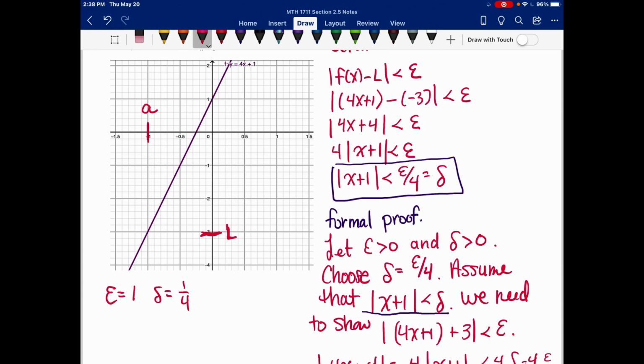If we let epsilon be 1, then we are going to fall between -2 and -4 with our limit, and then our delta is going to be 1/4, so I'm going to come out 1/4 from each direction for the a, which is our -1.